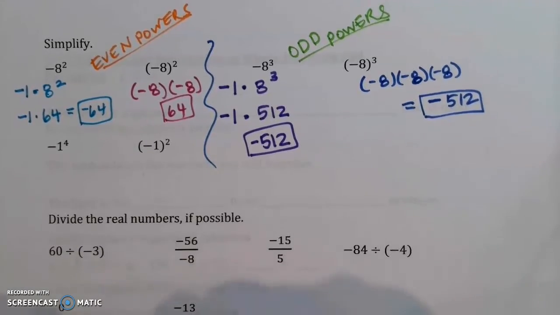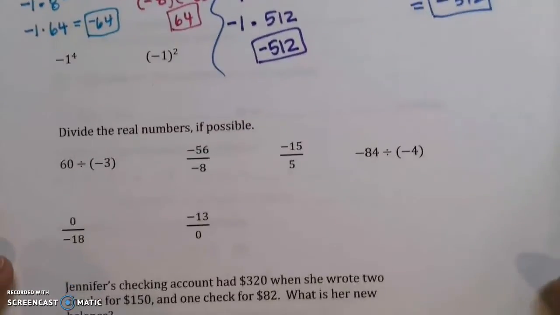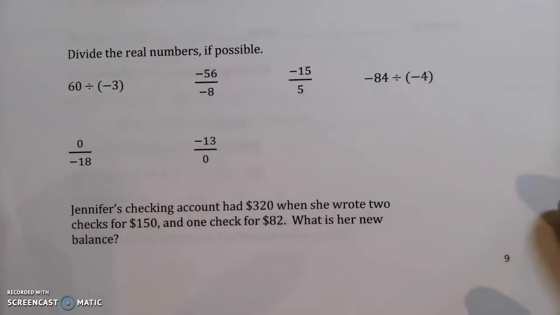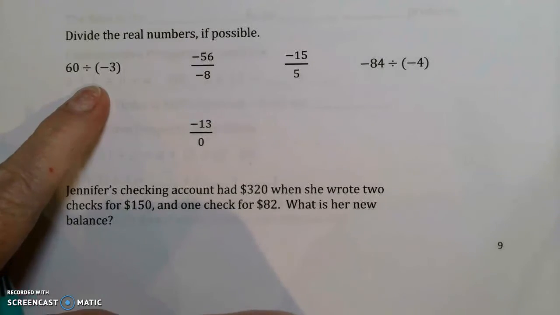And, okay, last couple of things on this one, and we'll start looking at properties of addition. So dividing the real numbers if possible. So still using the same rule that we used for multiplication. If the signs are the same, my answer is going to be positive. If the signs are different, it's going to be negative. Then we've got a couple thrown in there with zeros that we need to be careful of. So, all right, that first one, 60 divided by negative 3.